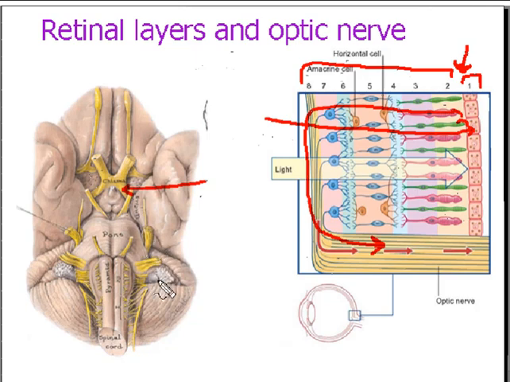Now in close relation to this optic chiasma, in this area, is where the pituitary gland lies. So if there's a tumor of the pituitary gland, you can see how a huge tumor can involve this optic chiasma. That's why whenever there are any visual problems, we suspect either there is trauma in this area, there could possibly be tumors, particularly pituitary tumors which could affect the chiasma, or there could be demyelinating diseases.